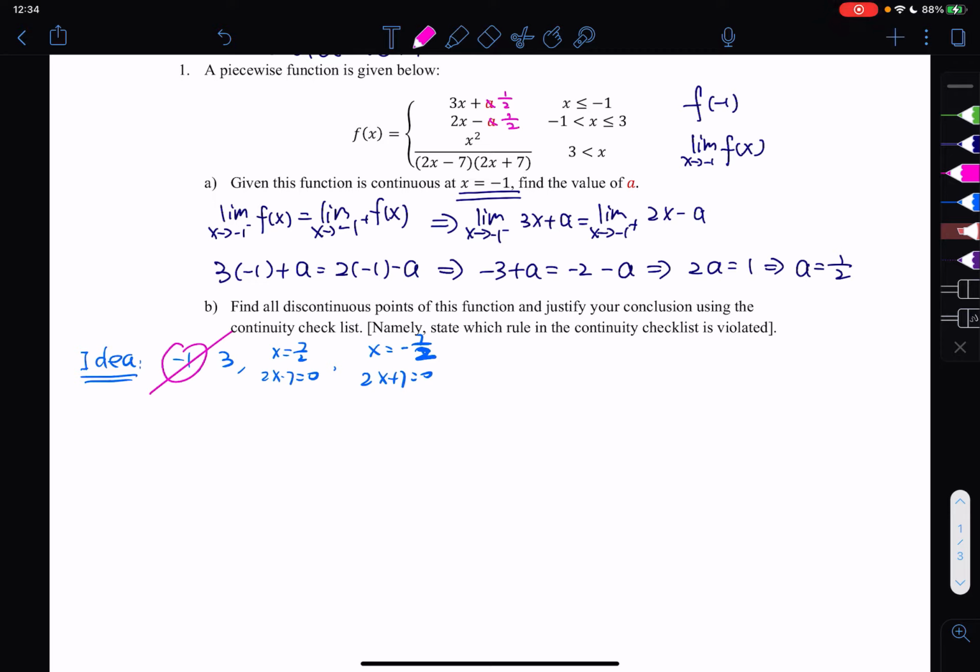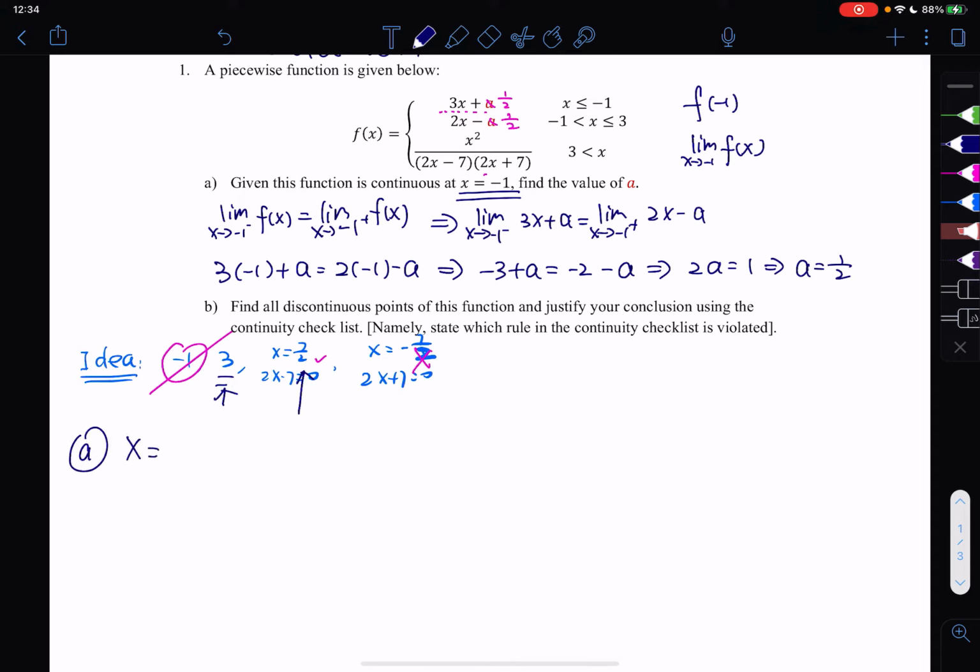At the point of 7/2, or 3.5, it's definitely making my denominator to be 0, so function value doesn't exist. At the point of -7/2, I realize I need to use the first row to evaluate my function, so that doesn't work. So all I have to do is to check what's going on here and show that that's a not continuous point.